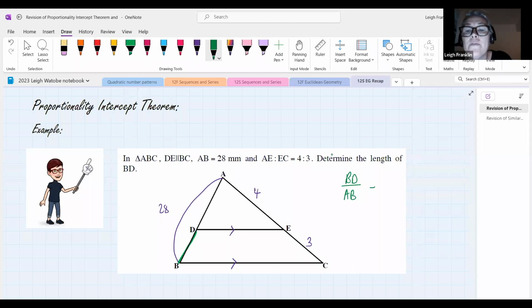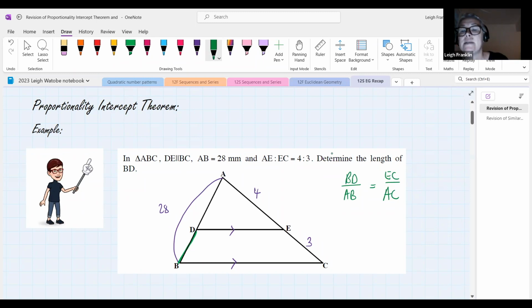What I do on this side of my proportion, I must do the same on the other side. The side that goes with BD would be EC, the little one, over the whole thing, AC. That statement is called a proportion.